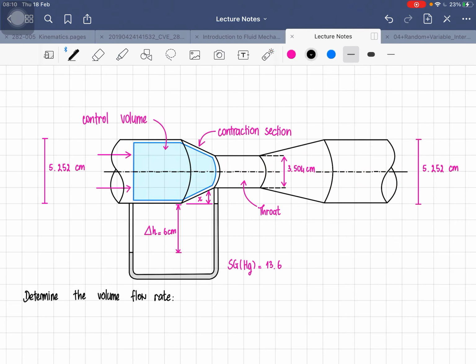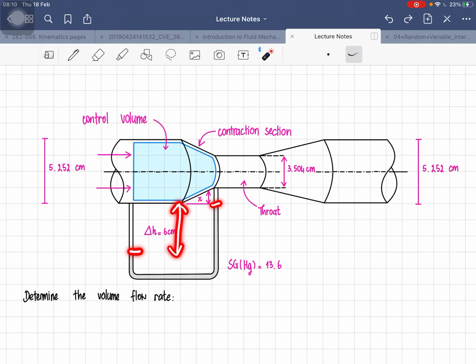Okay, so without further ado, let's get started with the question. They ask you to determine the volume flow rate. And what they have here is a manometer, where we have the height difference of the mercury, here and here.